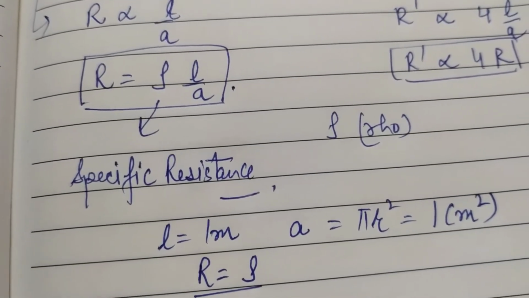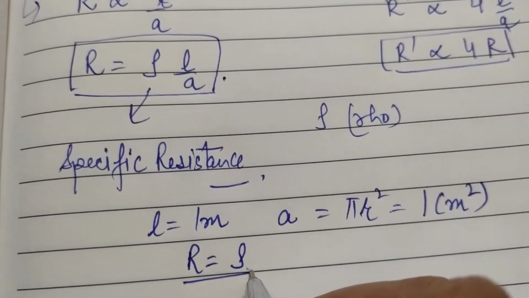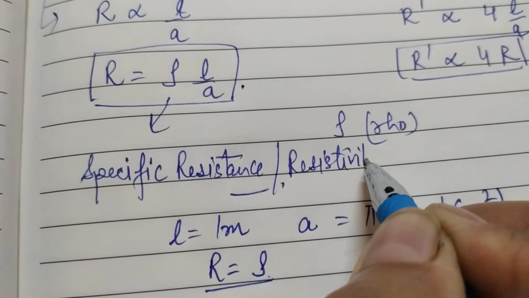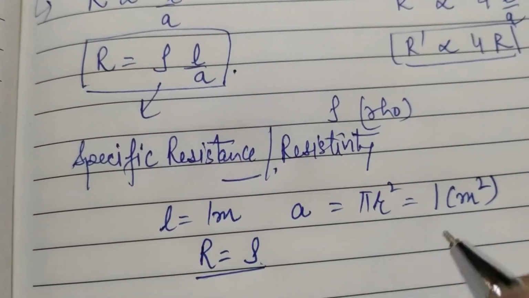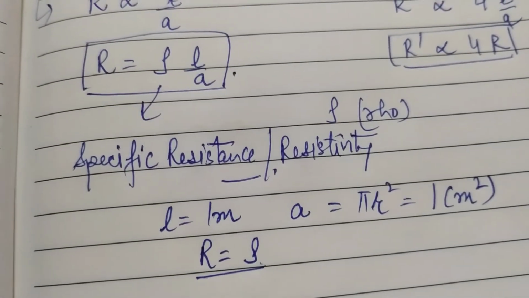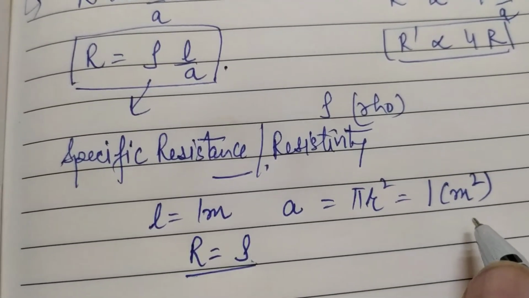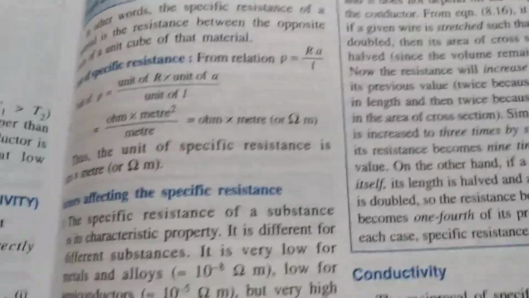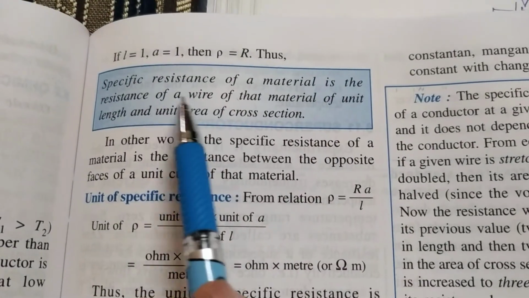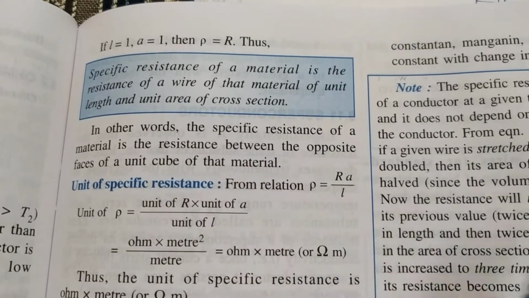It means I can define rho, or the resistivity, as follows. The resistivity or specific resistance of the material of a wire is equal to its resistance if the length of the wire is taken as unit and the area of cross section is also unit area. You can see in the books, specific resistance of a material is the resistance of a wire of that material of unit length and unit area of cross section.